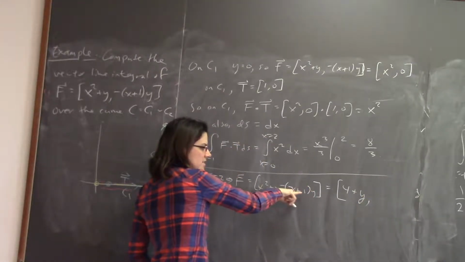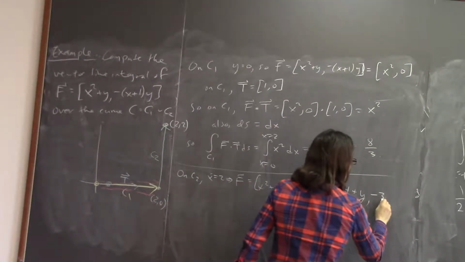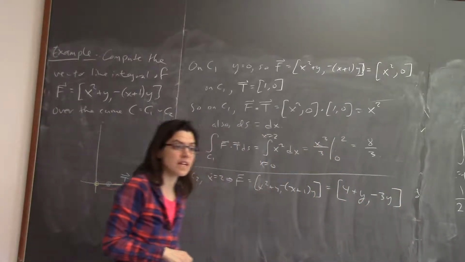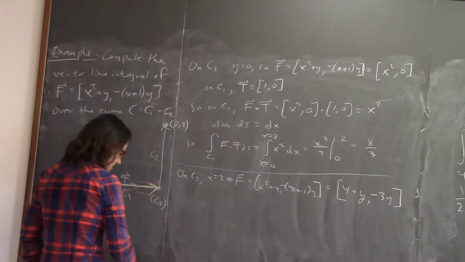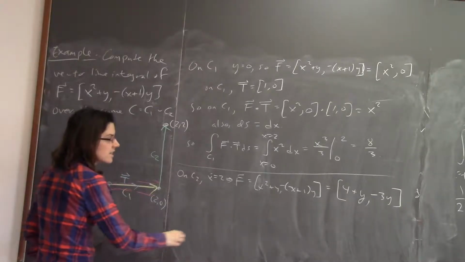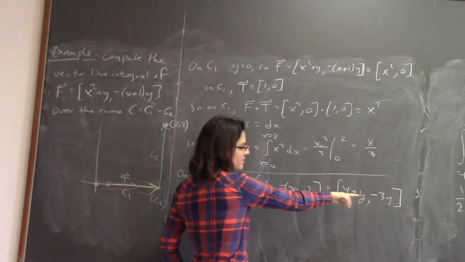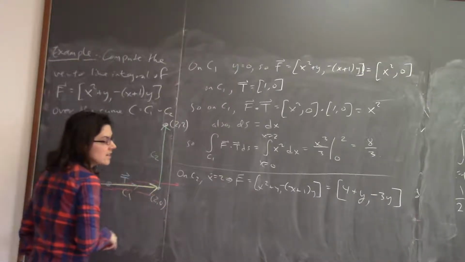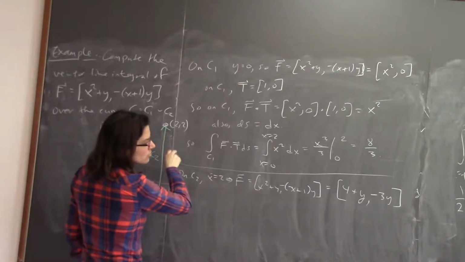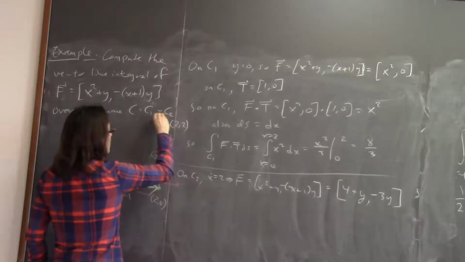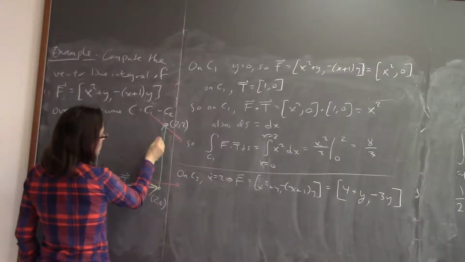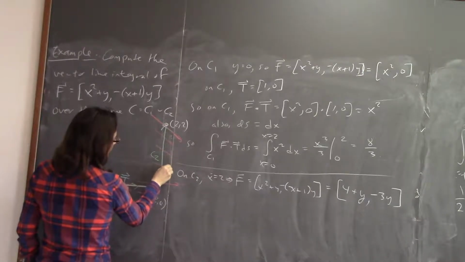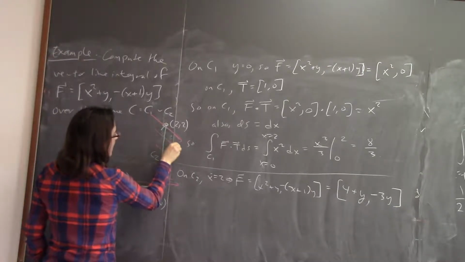And x plus 1 is 3, so this is negative 3y. So that's what f is. Let's draw that in. When y equals 0, this is 4 comma 0, so it's just going horizontally. And when y is 2, it's 6 comma negative 6, which is like this. And in between, it interpolates somehow. So the vector field looks something like that along the curve.